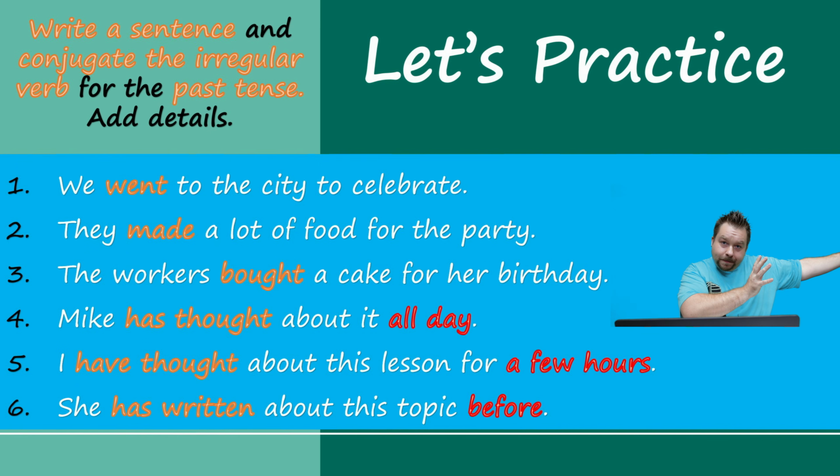But see how, in these sentences, all day, for a few hours, before. See how it's not done. It took time. Ooh, see, I'm explaining it and it's getting confusing. But the pattern was simple, right? Has or have plus irregular verb plus time. That's the pattern I want you to remember, okay?